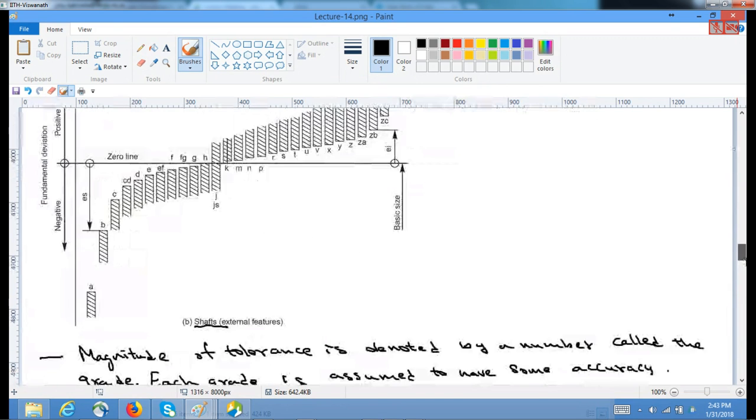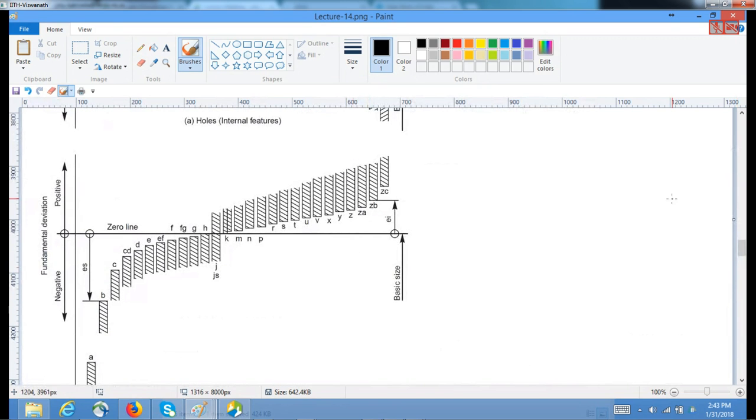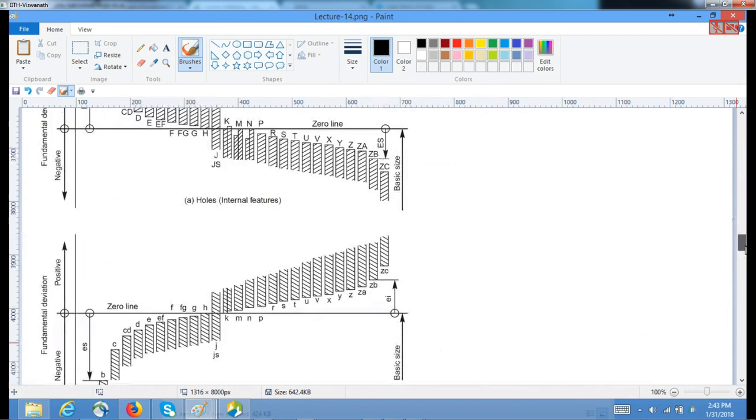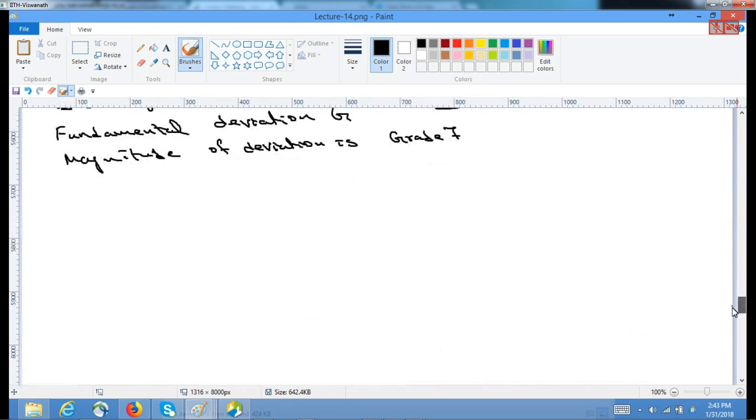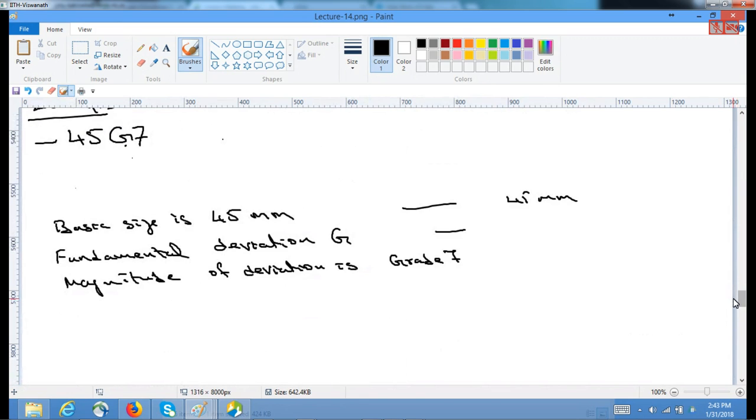The values are not mentioned here, but we know the capital G is for the hole, and the value is plus 9 microns.